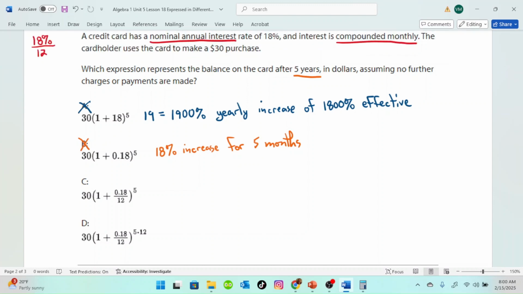Choice C. Here we get a little bit closer. This is 18% divided by 12. So this gets us the nominal interest rate.